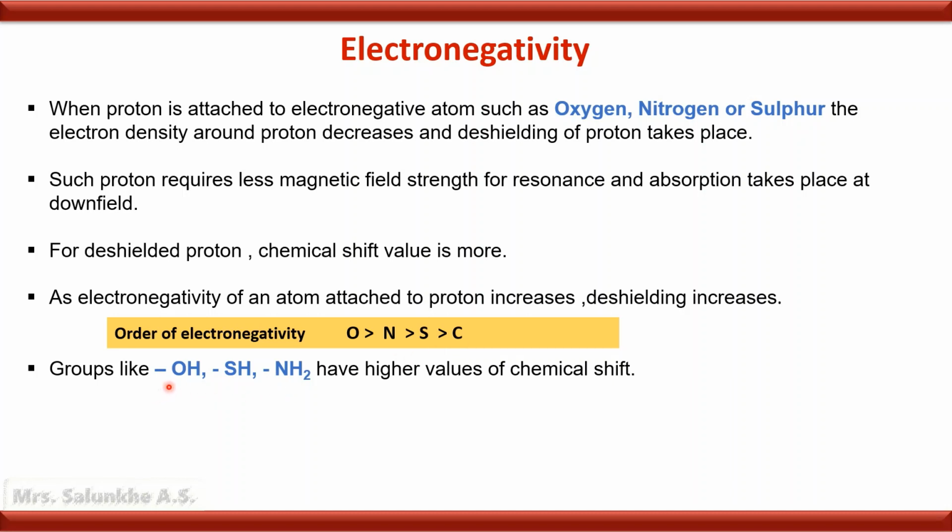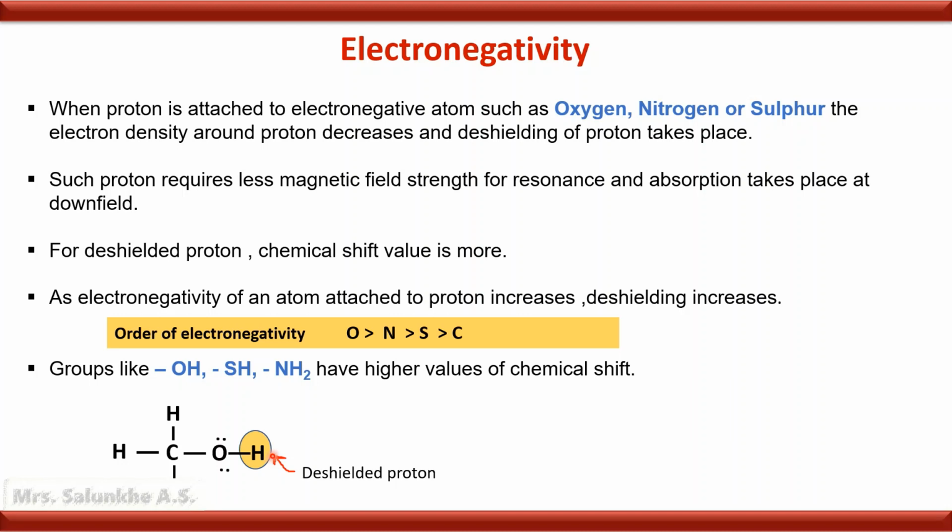Therefore, groups like hydroxy group, thioalcoholic group or amino group have higher values of chemical shift. That is, the proton is attached to a more electronegative oxygen atom, and then the electron density of such a proton decreases, and when electron density decreases, de-shielding of the proton takes place and it requires less magnetic field strength to come under resonance.